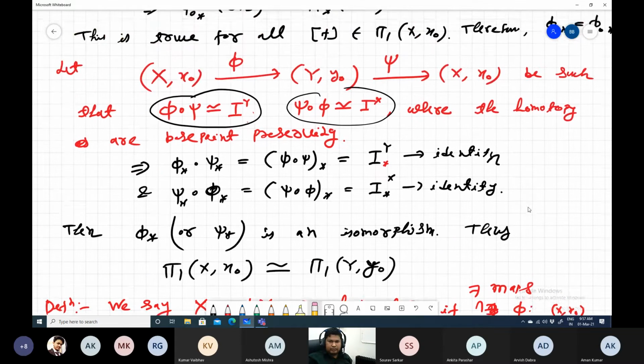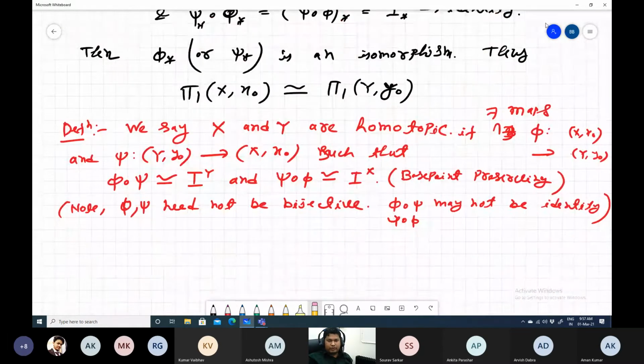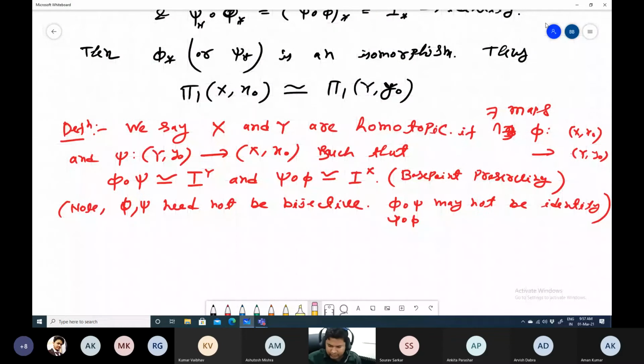Right, yeah, we mentioned that only. Okay, we can write it: two topological spaces x and y are homotopic.